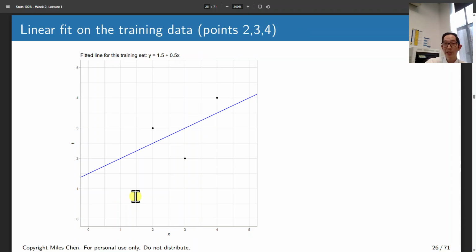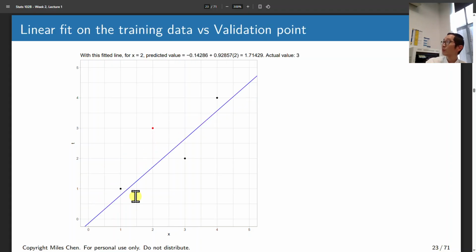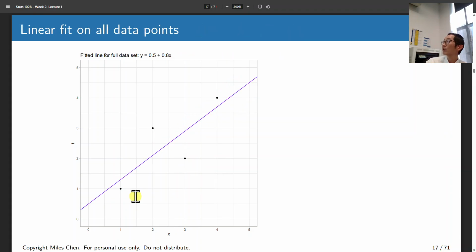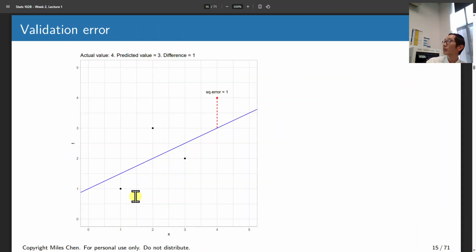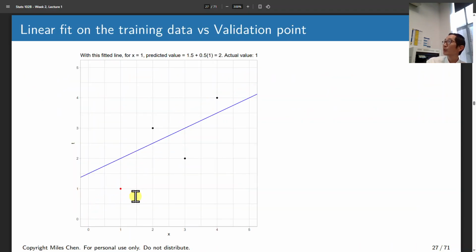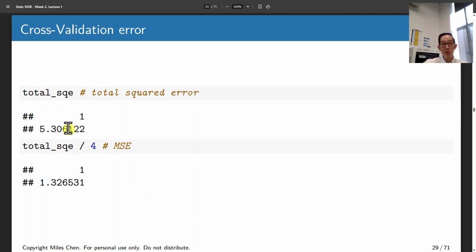So we have a 1, a 1.6531, a 1.6531, and a 1. If you add them all up, your total squared error is 5.306, and your mean squared error is going to be 1.3265. That is our leave one out cross-validation number for this toy data set.